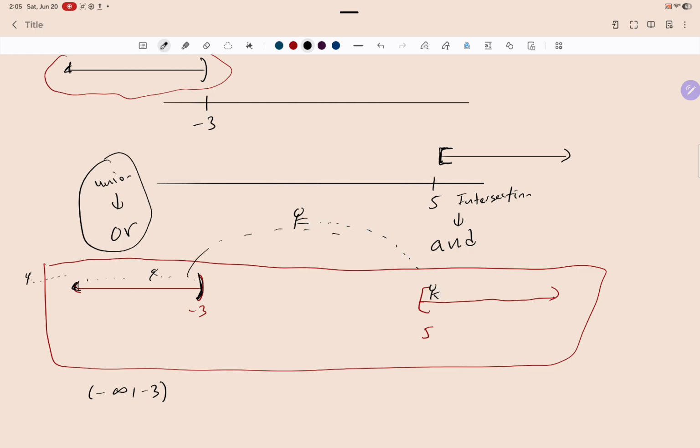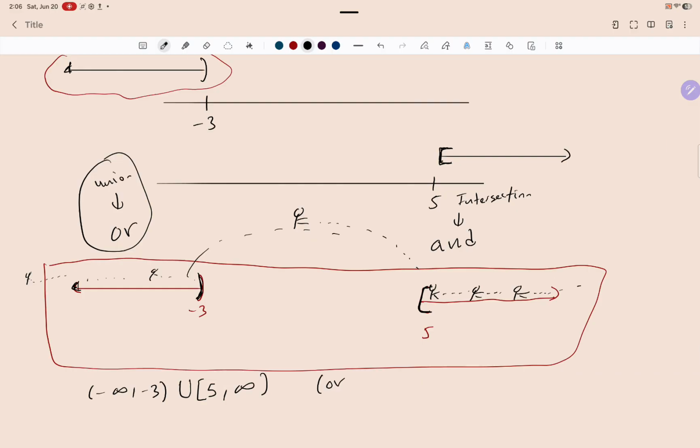And remember, because we're doing the union, the jump is represented by the U. And because we have the bracket, that means that we could actually be 5. We could touch the 5. So it's 5. And remember, we're walking left to right. So this would be the case for the or.